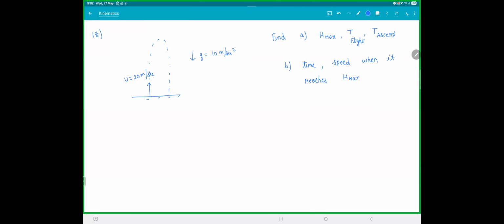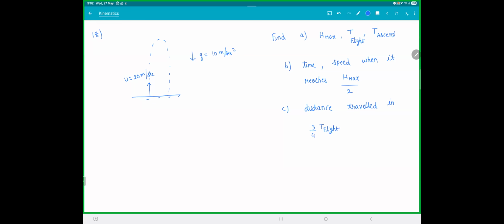This is all just so that you get used to the formulas. Find the distance traveled in 3/4 of the time of flight. Let's get these three questions.